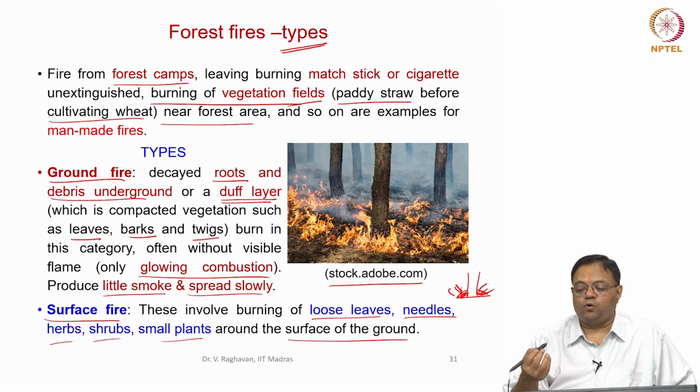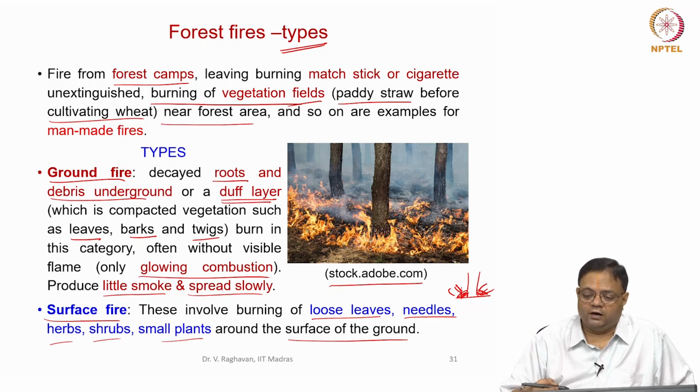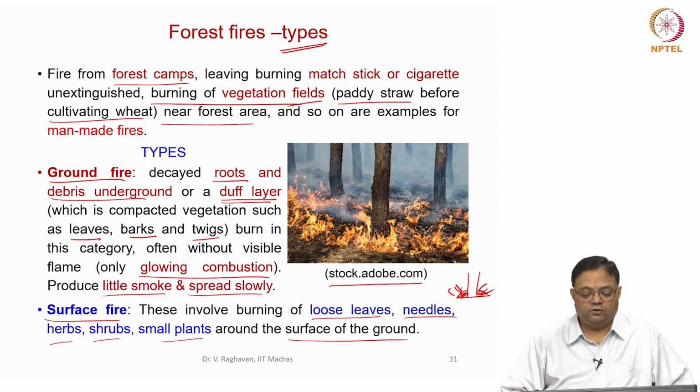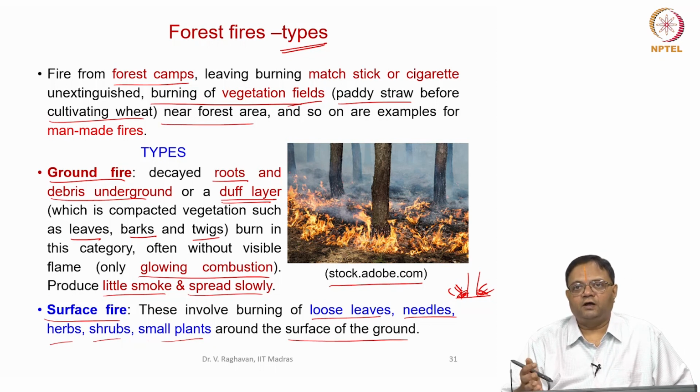So it is not going to go down to the underground level; it is going to burn at the ground level itself. So this is the surface fire. Some flaming combustion will occur based upon the dryness of these loose leaves, needles, herbs, shrubs etc. It will occur as a flaming combustion.